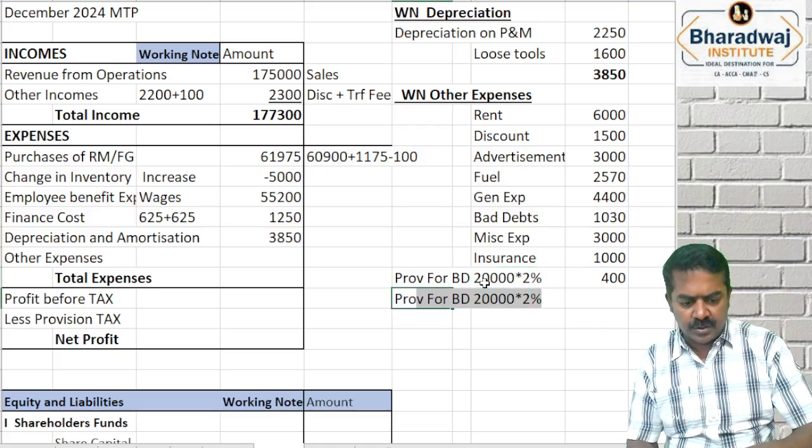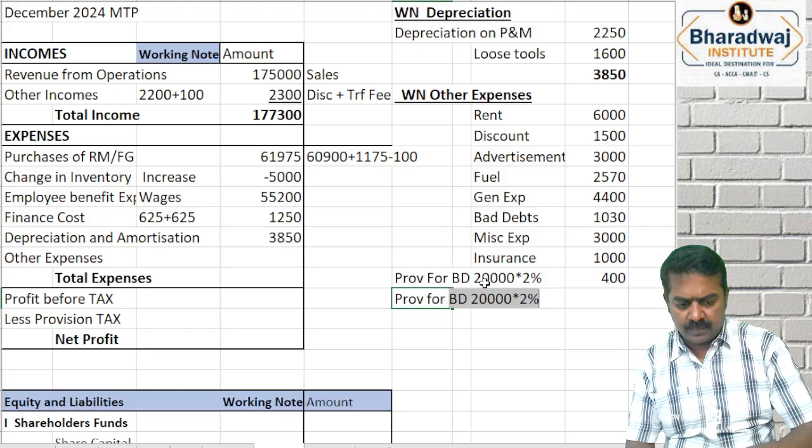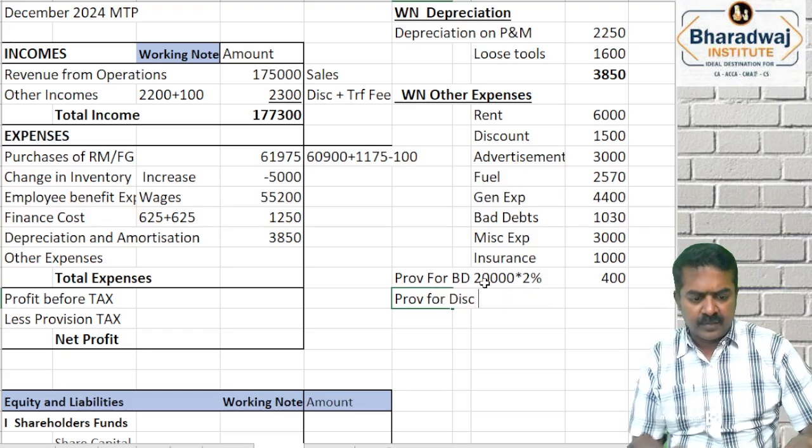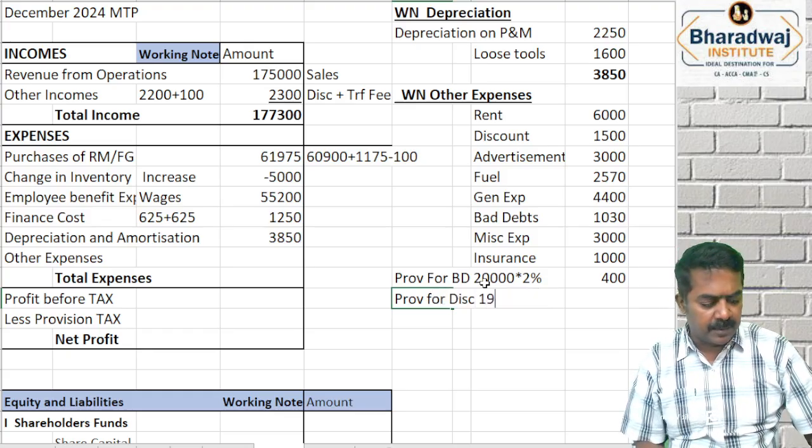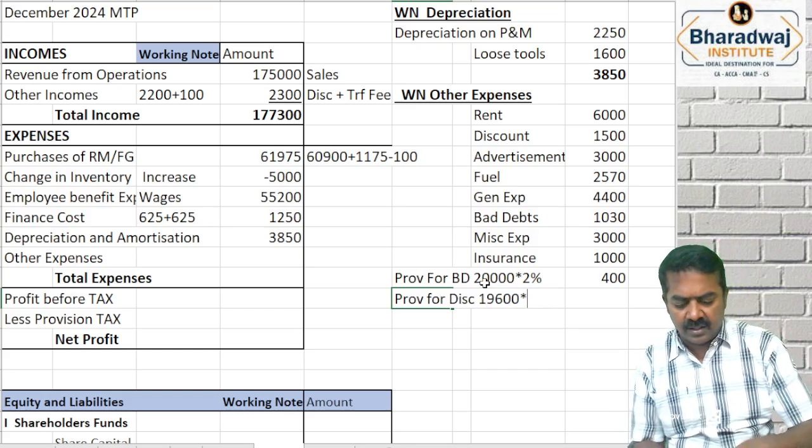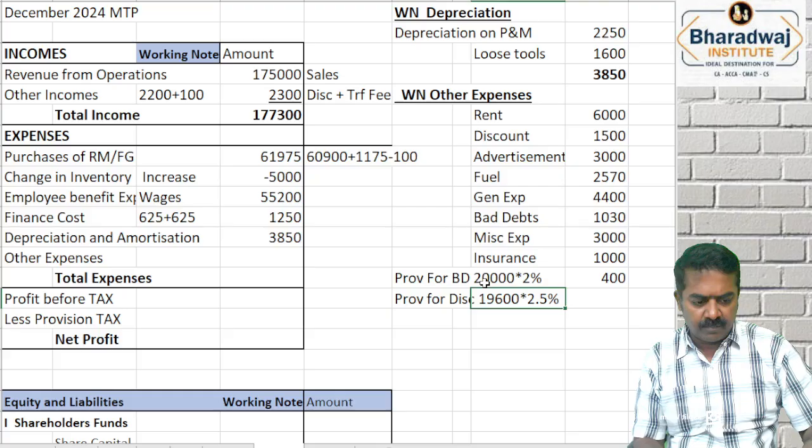Provision for discount. The 20,000 minus 400 eliminated, 19,600 will come. After eliminating that, into 2.5%.